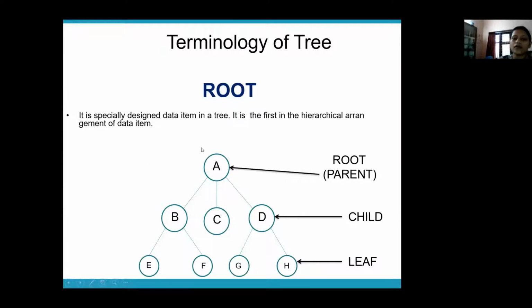So you can see here there are some nodes A, B, C, D, E, F, G, H. All these are nodes. Just like linked list, here also we have the concept of nodes. Out of which this node, the one on top, is designated as the root. Okay. So this is the root, and all other nodes can be grouped into sets, which are called subtrees.